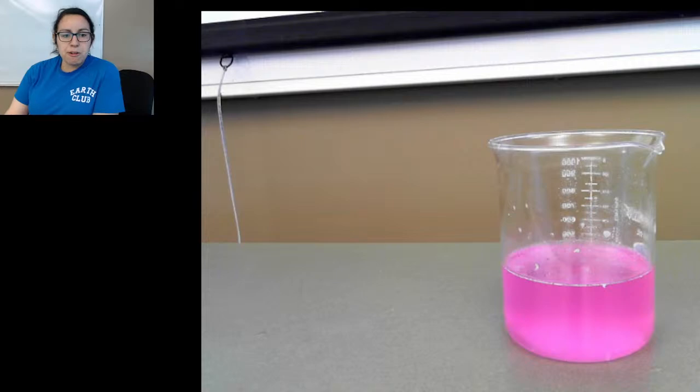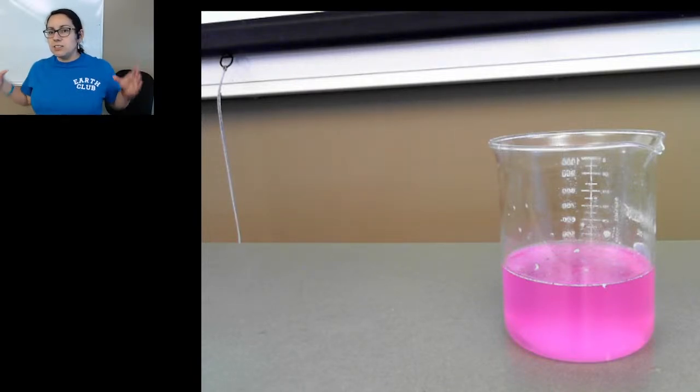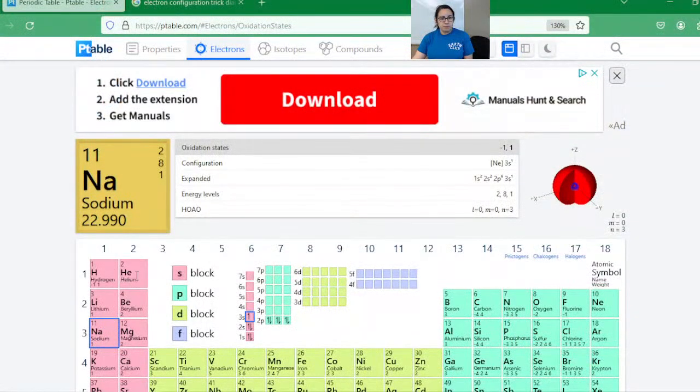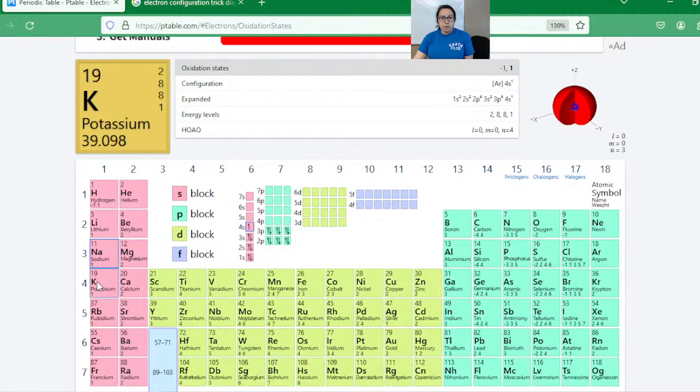But why are they reactive? Why do they continue to be reactive as they go down? Does the energy level get higher? So it does have to do with the energy level. So what happens as it's getting higher? What else is going on? You can look at these pictures, what it's trying to show you. So we went hydrogen, lithium, sodium, potassium.